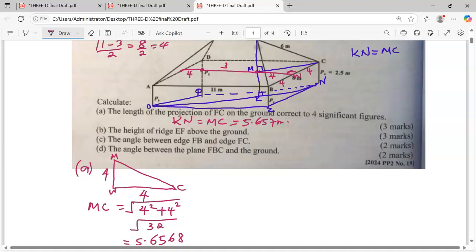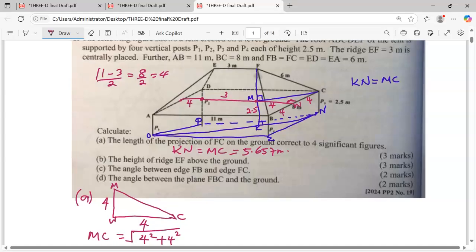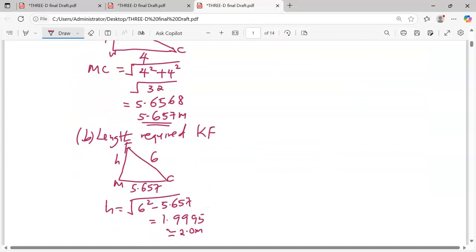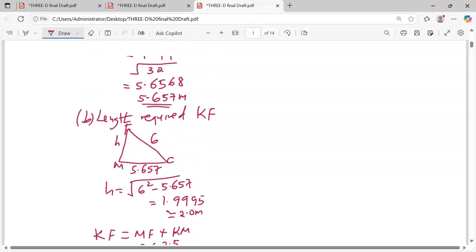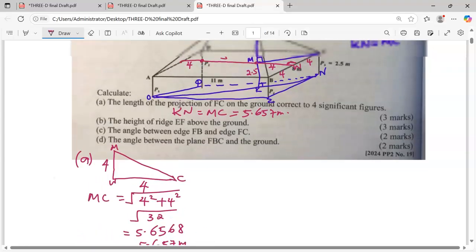That means MK is going to be 2.5. And we have gotten MF to be 2. And therefore, the total line is going to be equal to 2 plus 2.5, which is going to be equal to 4.5 meters as the height of the ridge from the ground.